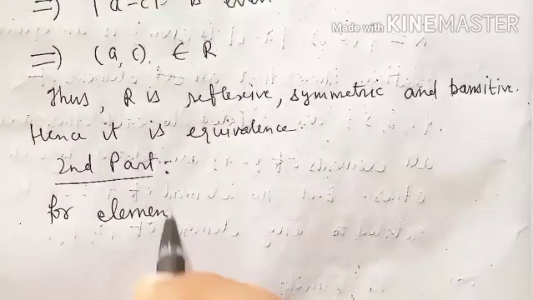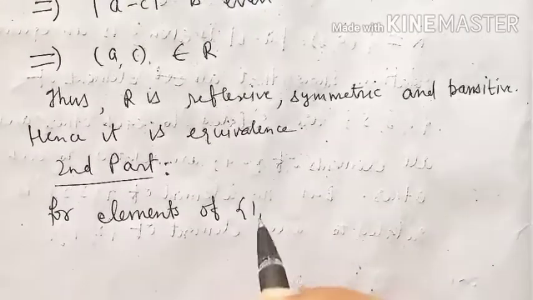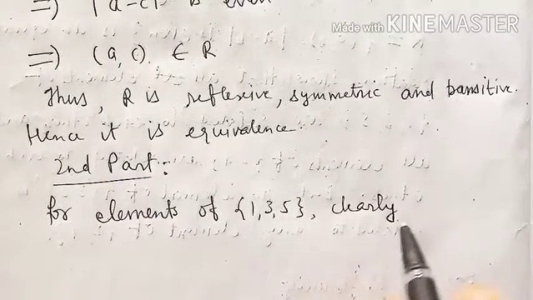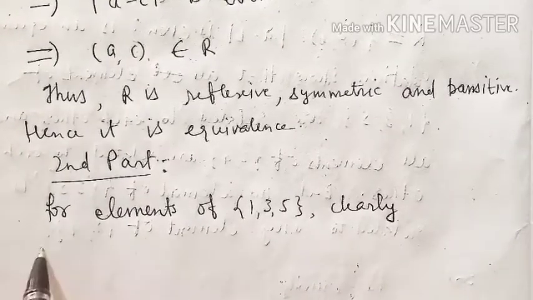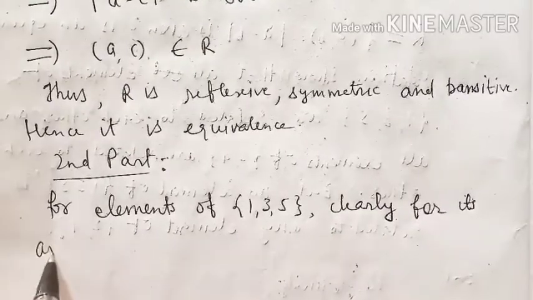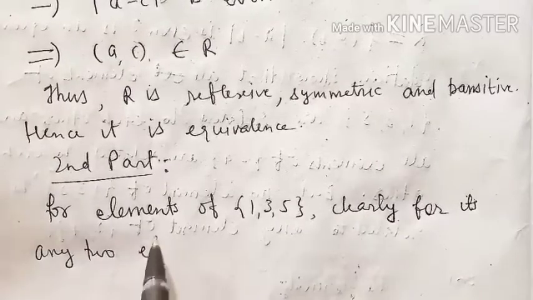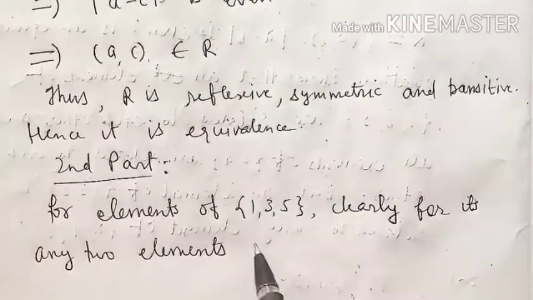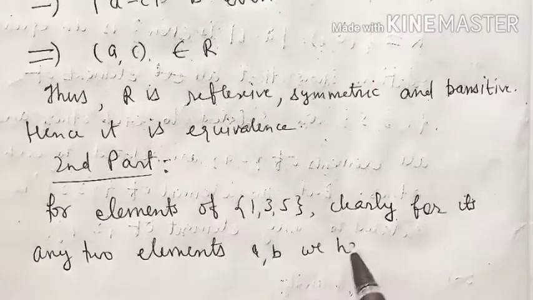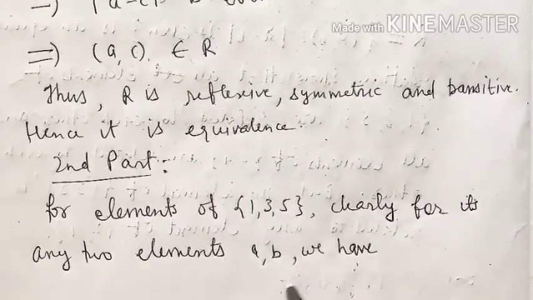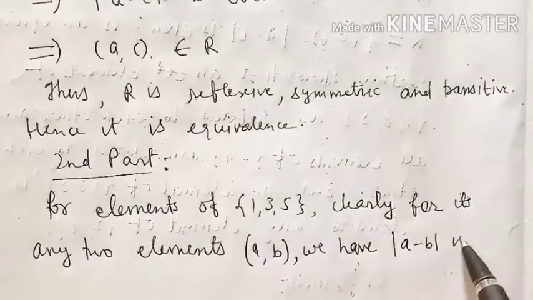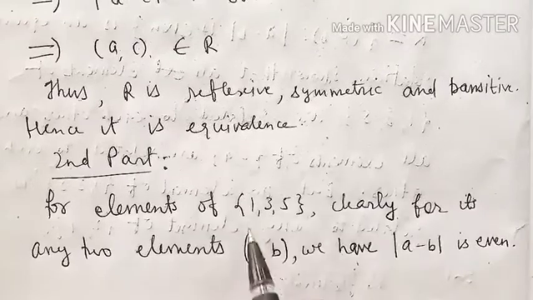For elements of {1, 3, 5}, clearly for any two elements a, b we have mod a minus b is even.